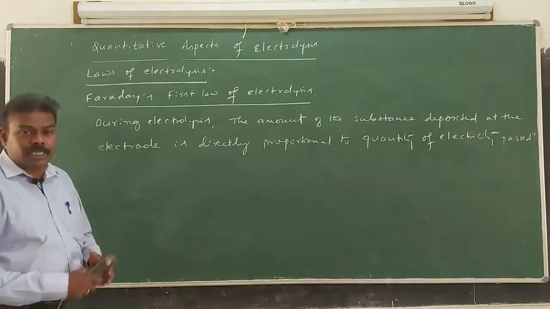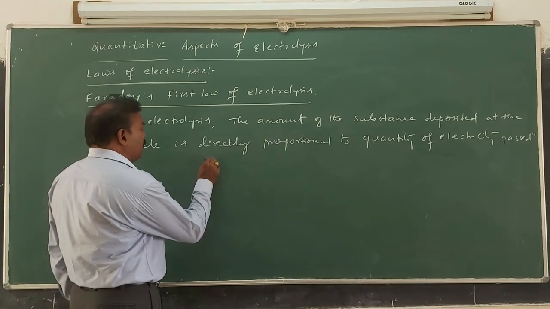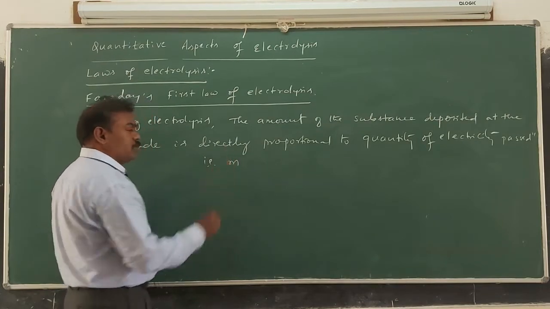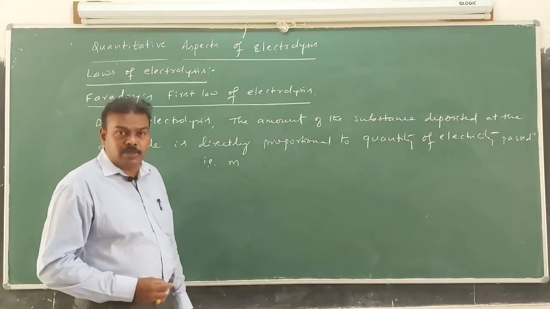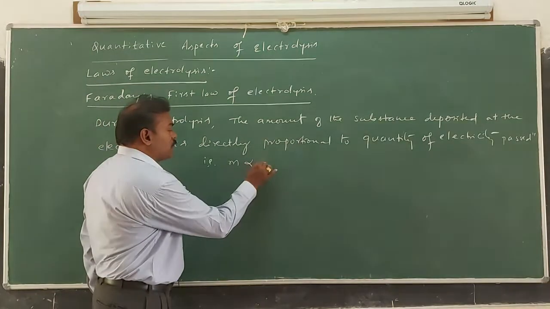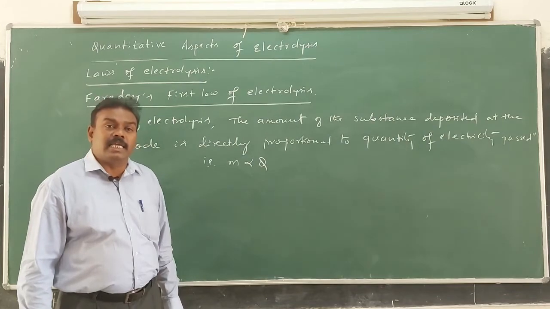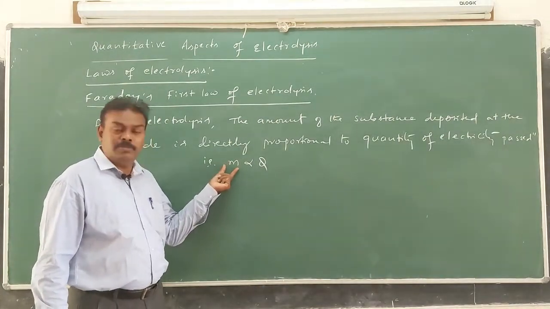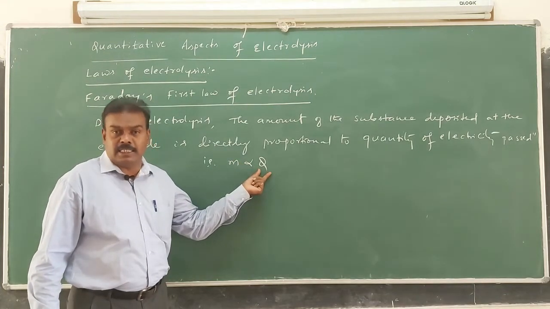Now it is mathematically given by: small m, the mass of the substance deposited at the electrode, is directly proportional to Q, the quantity of electricity.